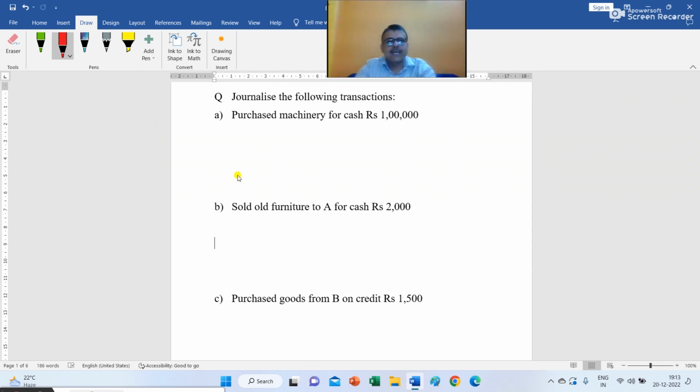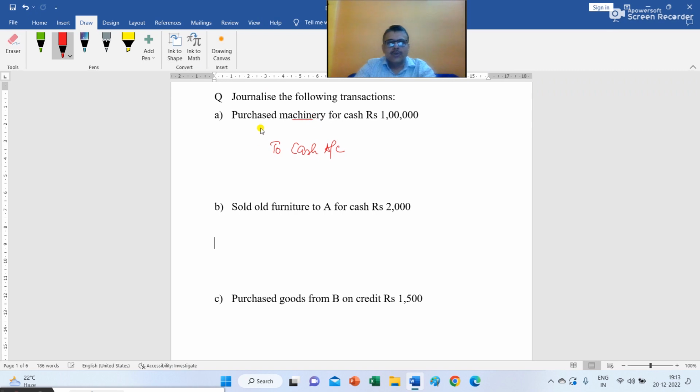So the first transaction given here is purchased machinery for cash rupees 1 lakh. When you are purchasing something, it means that there is an outflow of cash. So whenever there is an outflow of cash, you have to credit cash. So I am writing to cash account. So what is being purchased?